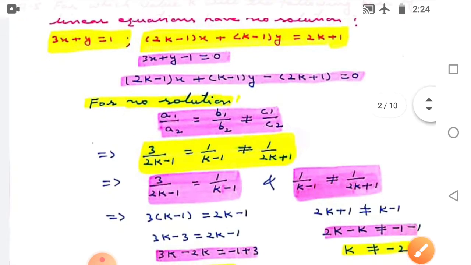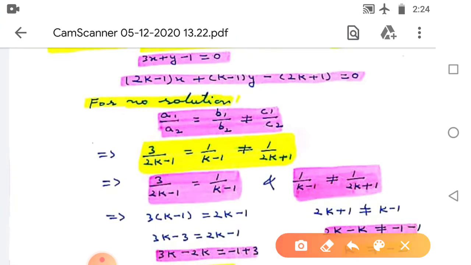Now we need to put the values of a1, a2, b1, b2 and c1, c2 here. So look here, the value of a1 is 3, so we write 3. The value of a2 is 2k minus 1, and the value of b1 is 1, right?